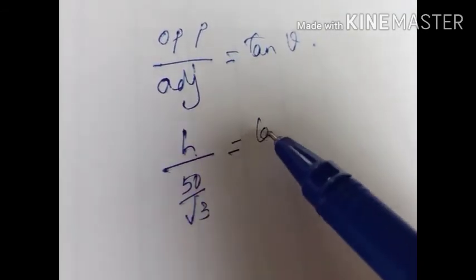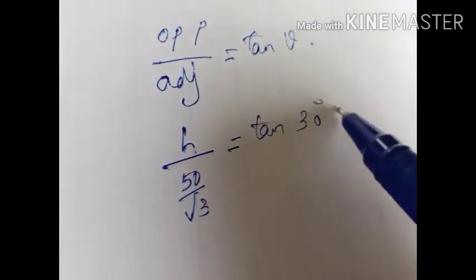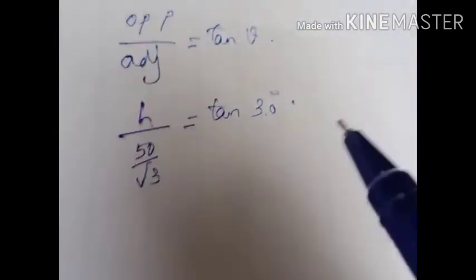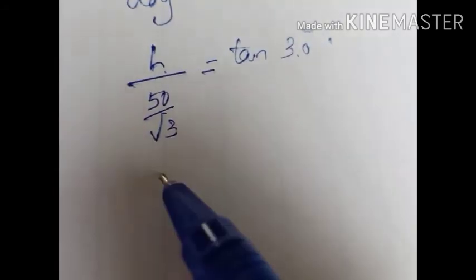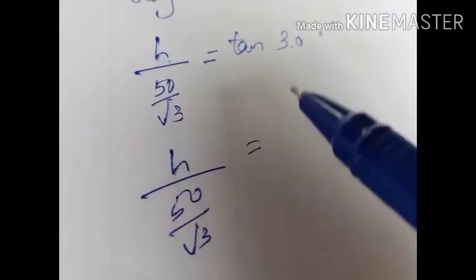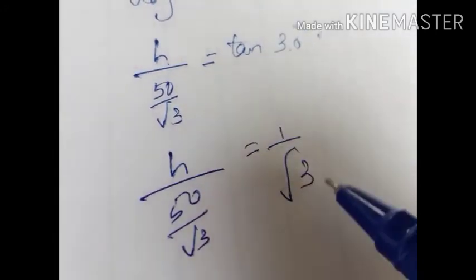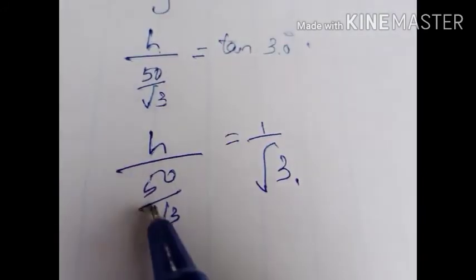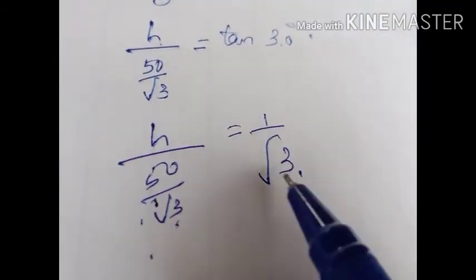This is equal tan 30, theta is 30 degree. Now we can substitute the value of tan 30. So H by 50 by root 3 equal tan 30 is 1 by root 3.